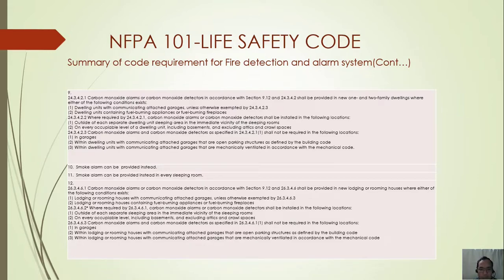Carbon monoxide alarms or carbon monoxide detectors shall be installed in the following locations, so this is the location where you will install it: outside each separate dwelling unit sleeping area, you need to have CO outside, okay? And every occupiable level of dwelling unit, including basement, excluding attics only.